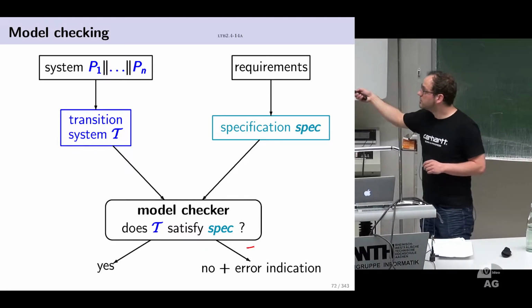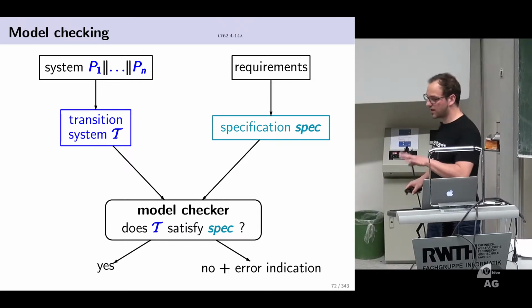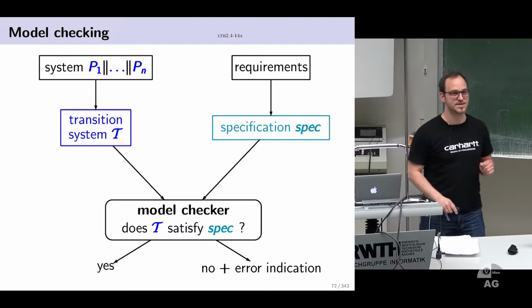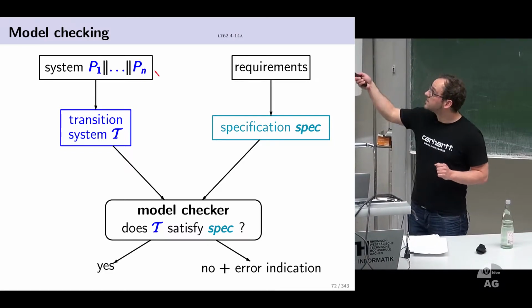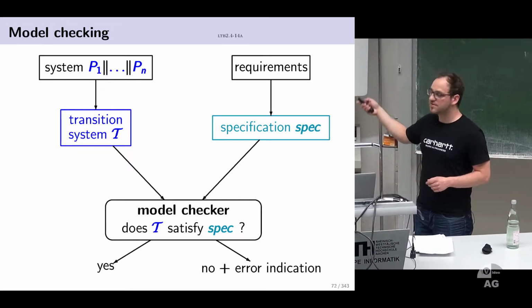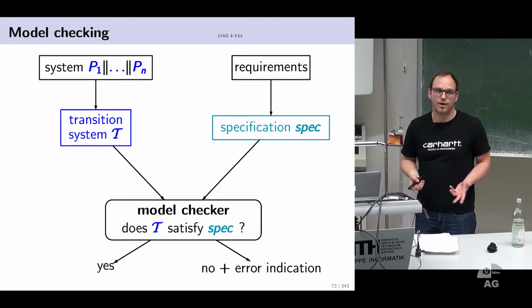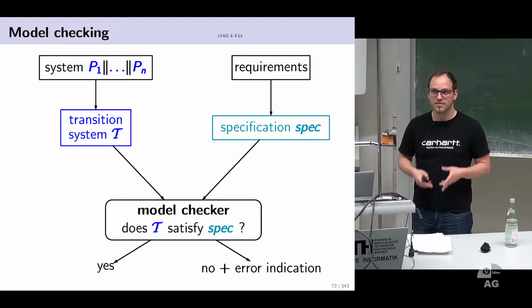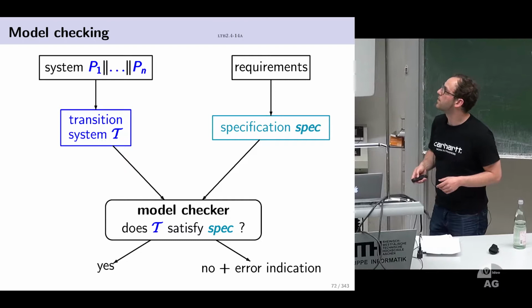Then we want to derive algorithms so that we can invoke our model checker, and it tells us, yes, your specification is satisfied on your system, or it says, no, it's not satisfied, and it gives you an error indication or counterexample. It shows you, well, this is wrong about your system.